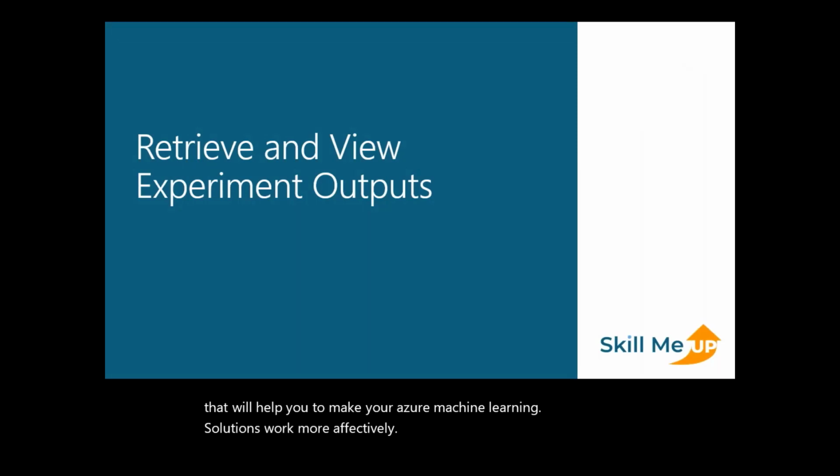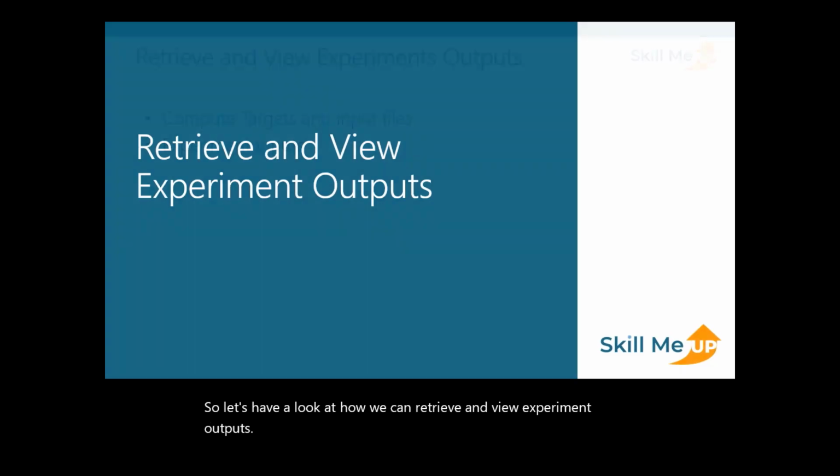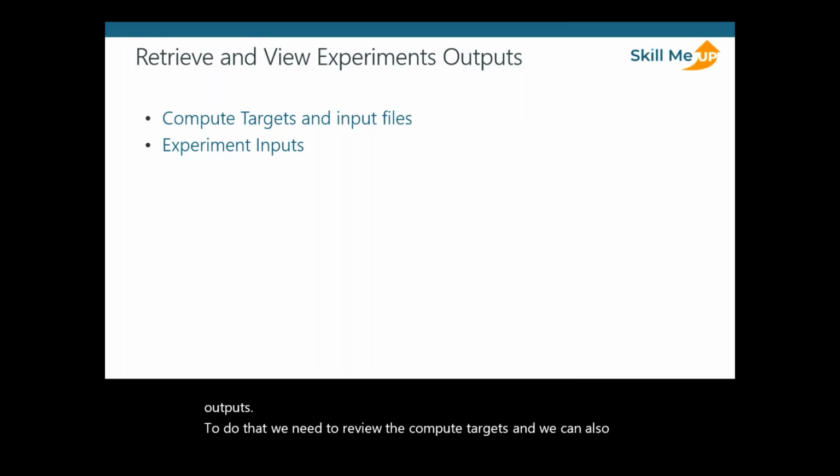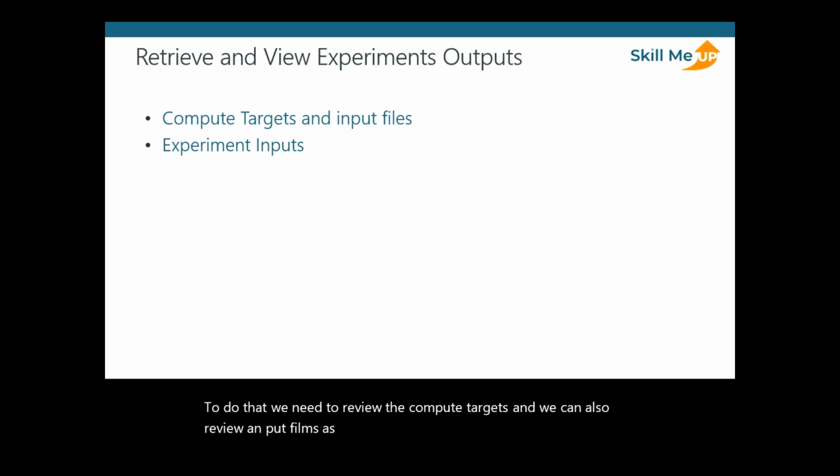So let's have a look at how we can retrieve and view experiment outputs. To do that, we need to review the compute targets, and we can also review input files. We can also review inputs to the experiments themselves.